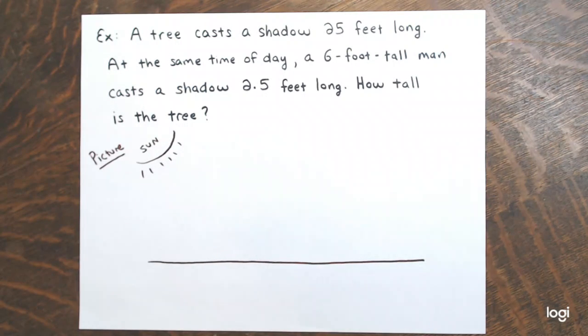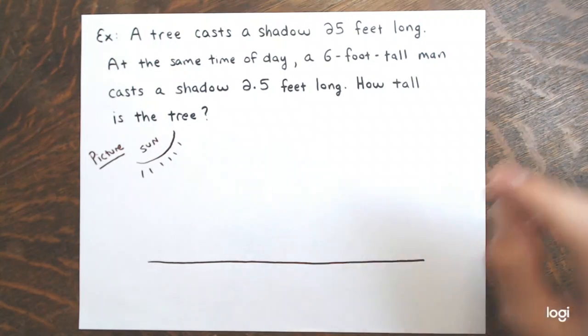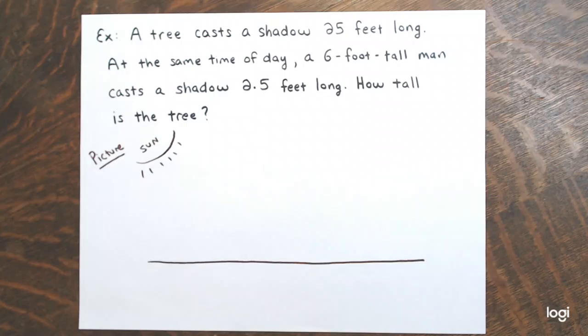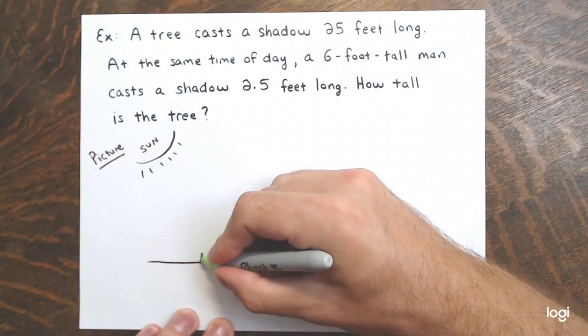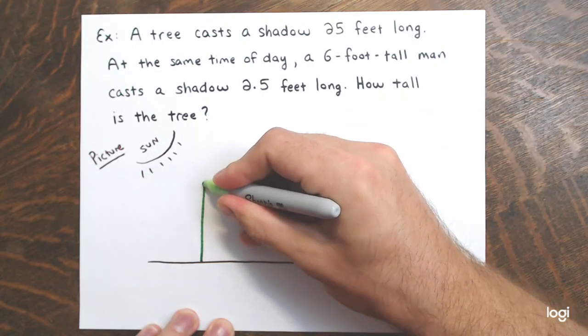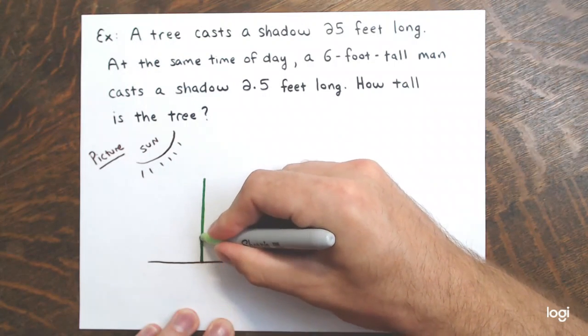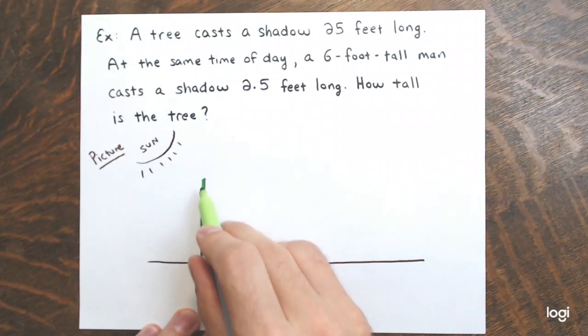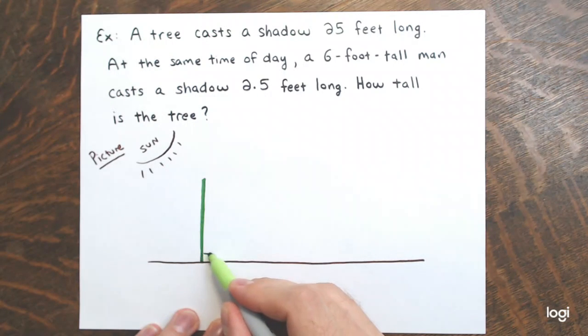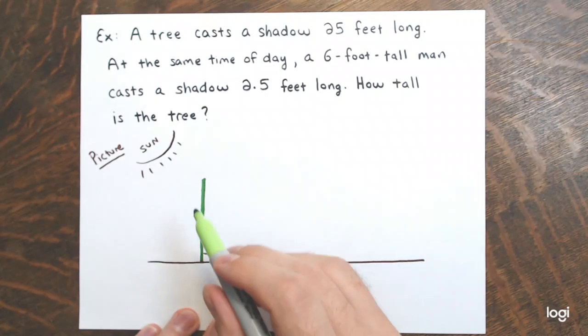And then I've got this tree. I'm only going to represent the tree with a green segment. Just for ease, we're going to say the tree is perpendicular to the ground. It shoots straight up.